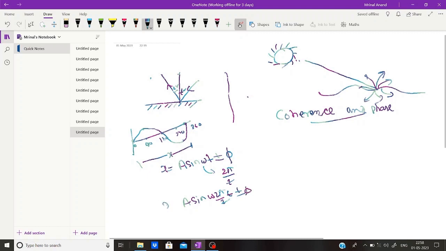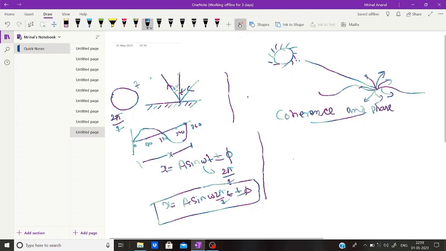This is the displacement of the sinusoidal wave or the electromagnetic radiation. So why is omega 2 pi? Suppose from 0 to 180 it reaches here, and from 180 to 360 it reaches up to here. The whole circle is 2 pi, and we cover this 2 pi in time T, so 2 pi by T. So omega is equal to 2 pi by T.